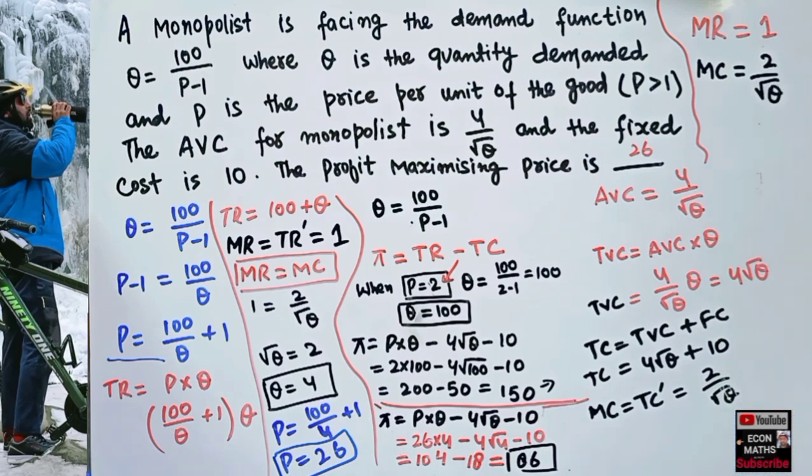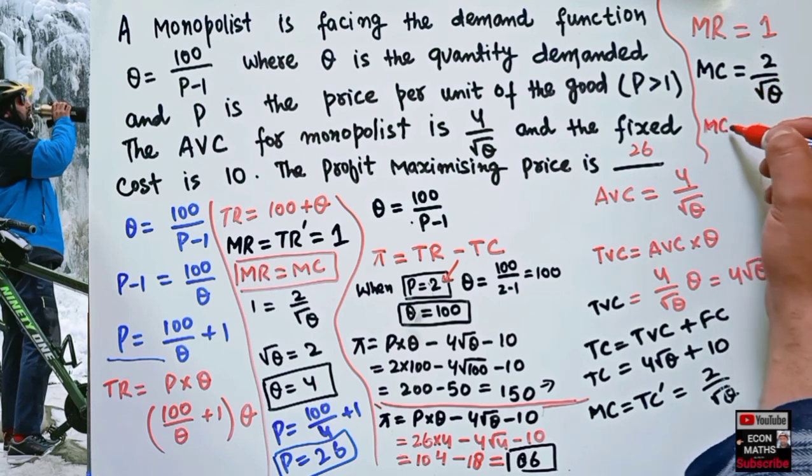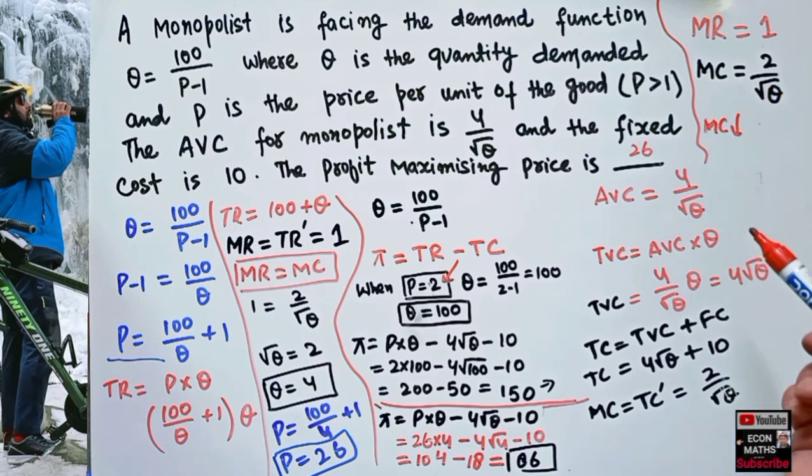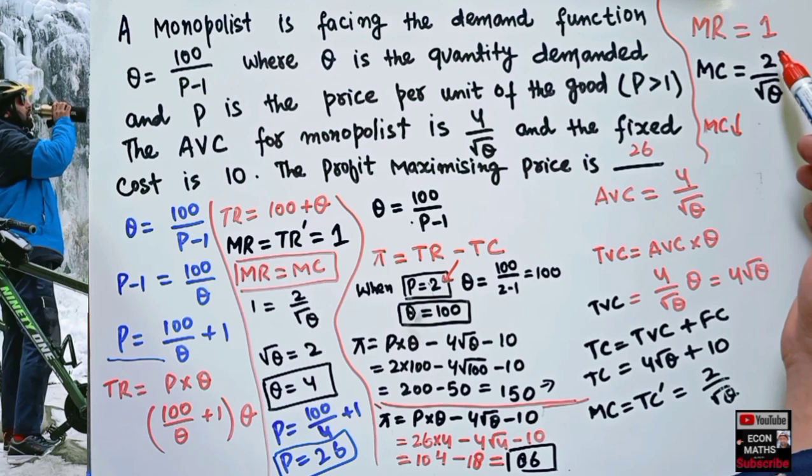That means marginal cost will decrease because we have under root q in the denominator. So 2 divided by under root q, this will be less than 1, obviously.